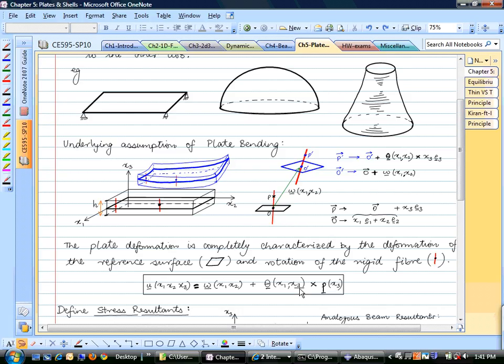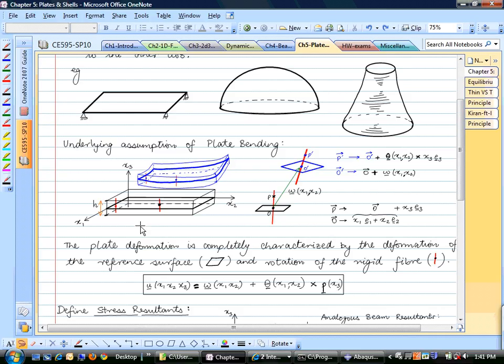Okay, so for the general deformation, as soon as you give me the location of a point x1, x2, x3, I can tell you where it went in the deformed configuration. So this is the kinematic assumption, and this is common to all types of structural theories. Once again, the idea behind this kinematic assumption is that we do not want to analyze this entire plate as a three-dimensional object, because unless there are 4 to 8 elements through the thickness, we are not going to get good results.